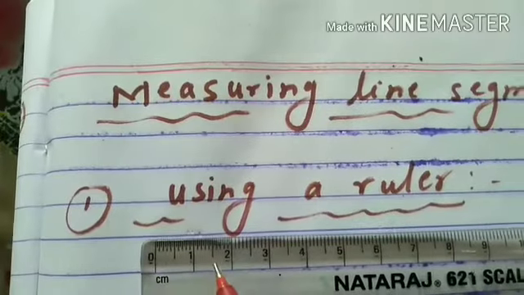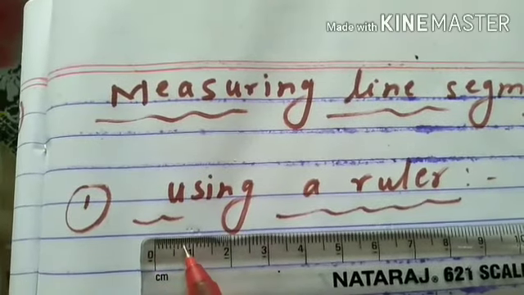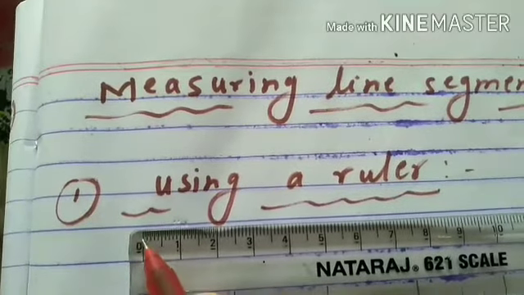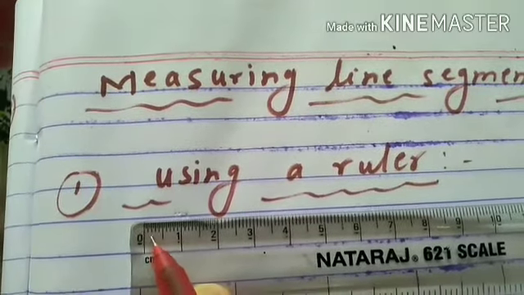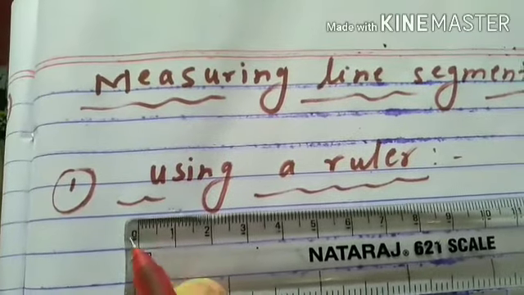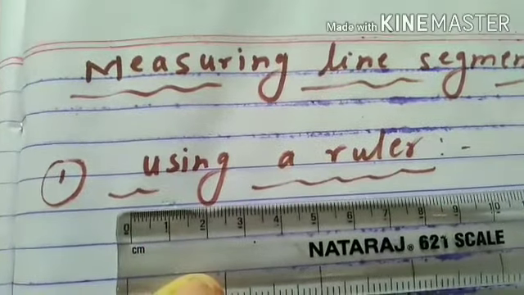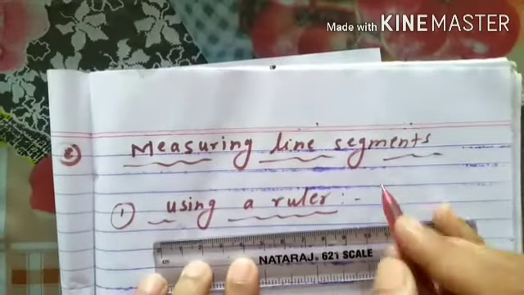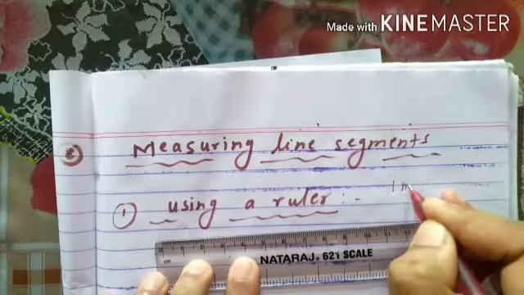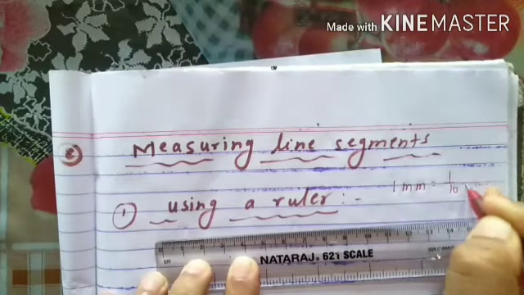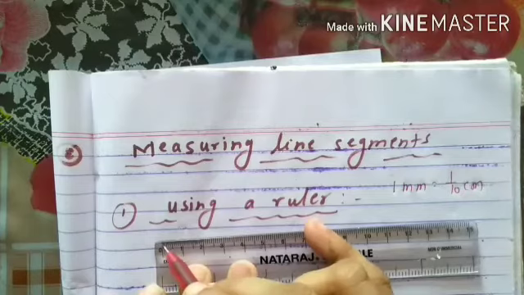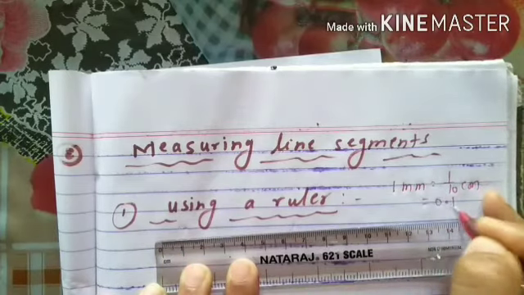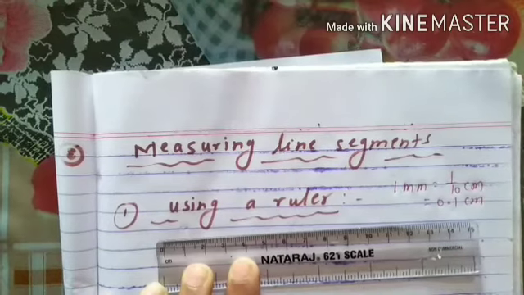Each part represents 1 by 10 centimeter. This is nothing but 0.1 centimeter or 1 millimeter. So 1 millimeter is equal to 1 by 10 centimeter. This small part is called 1 millimeter, or we can say 0.1 centimeter also.